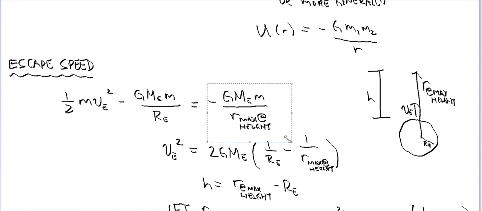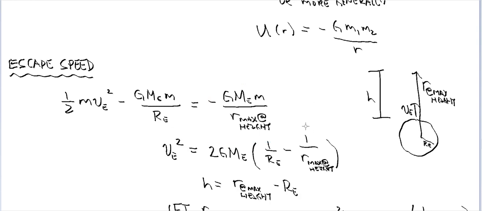So at that point, it should only have potential energy. And so we could say that at that point, the total energy is just minus G times the mass of the Earth times m, the mass of the ball or whatever it is you're throwing, divided by the value of r at its maximum height.